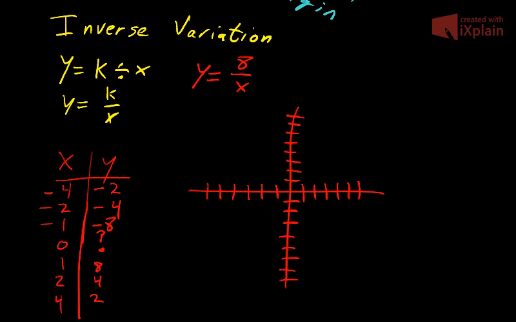So let's plot these points. At -4 I have -2 right there. At -2 I have -4. And at -1 I have -8. And at 1 I have 8, at 2 I have 4, and at 4 I have 2.